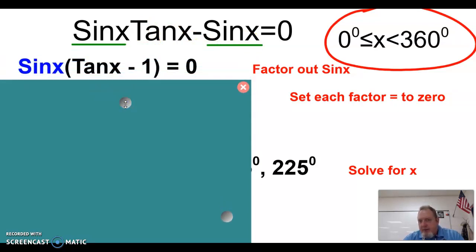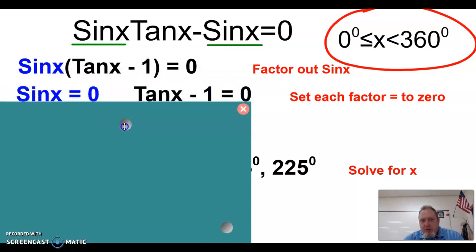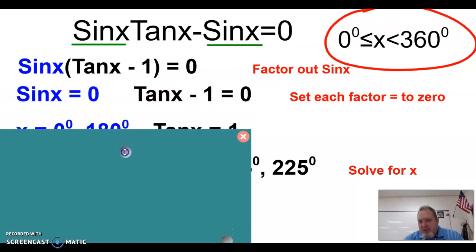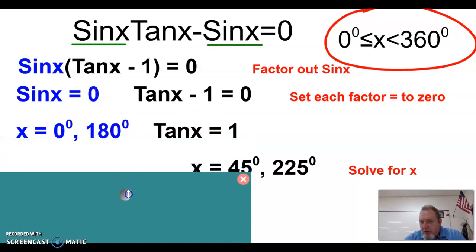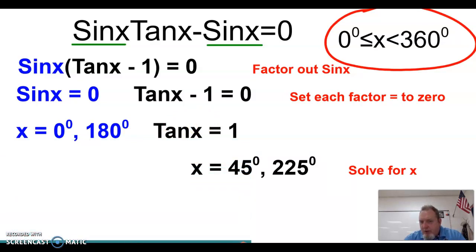Just like our previous problems, set each factor equal to 0. So we want to know where does sine equal 0, and ultimately where does tangent equal positive 1. We know that sine is 0, our y value is 0 at 0 degrees and 180. And we know that tangent equals 1 at 45 degrees and 225.